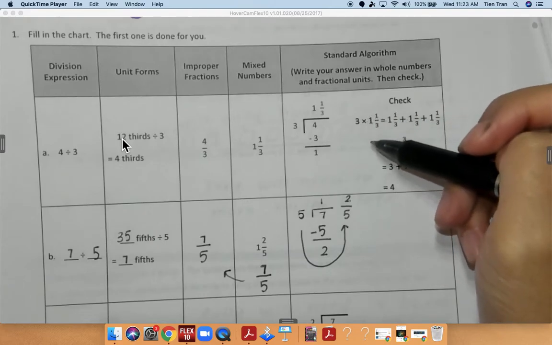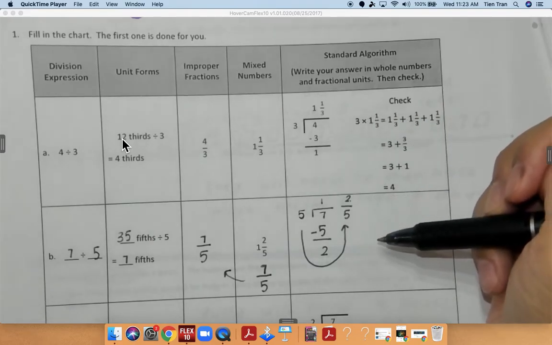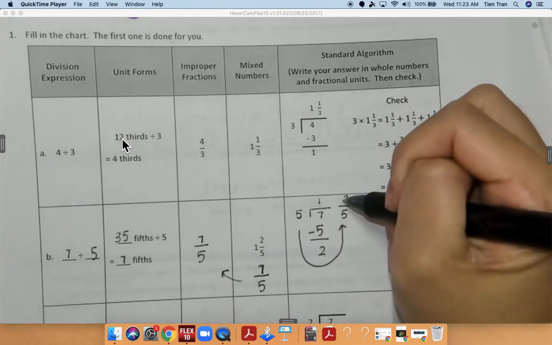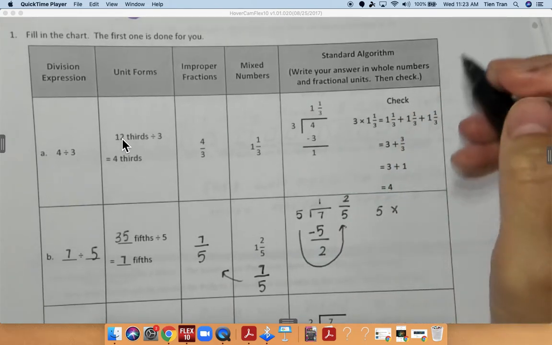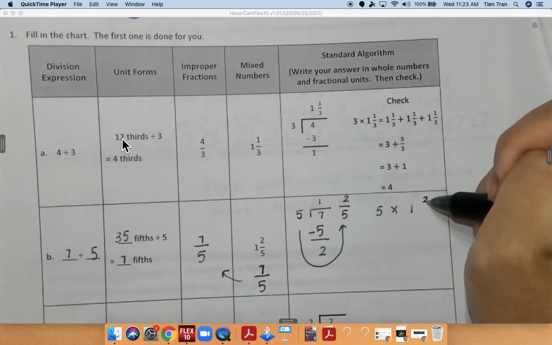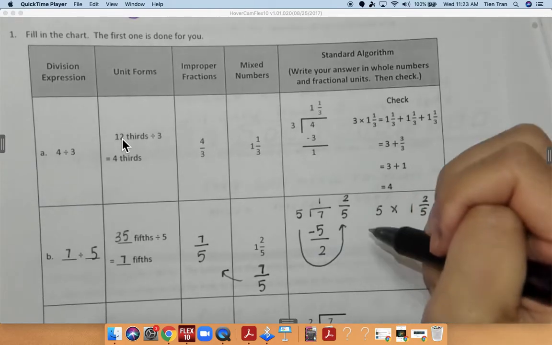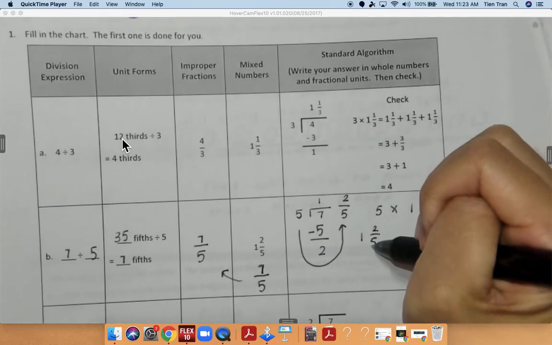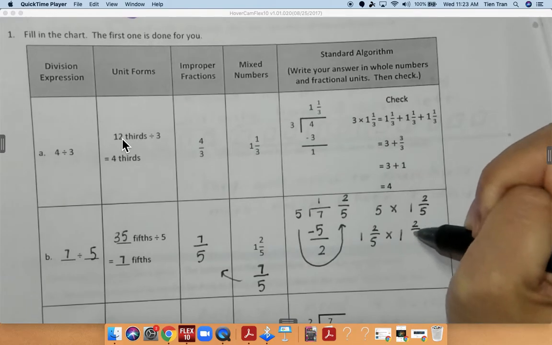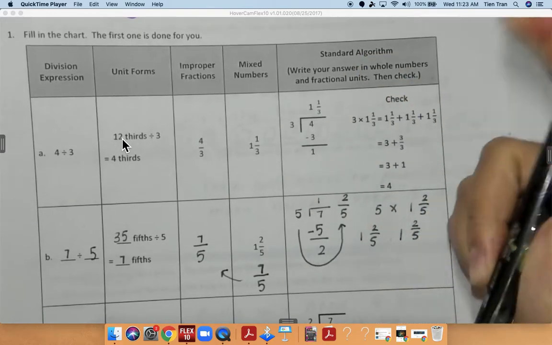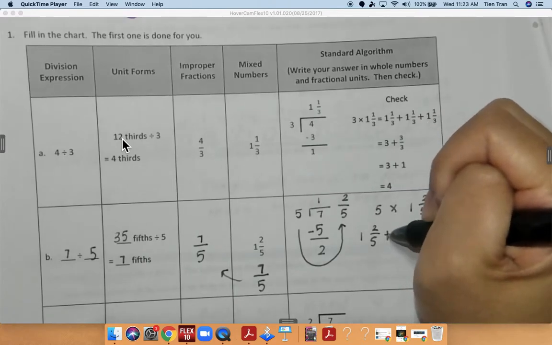We're going to be multiplying 5 times 1 and 2 fifths. And remember, that means I'm going to write 1 and 2 fifths five times and add them.